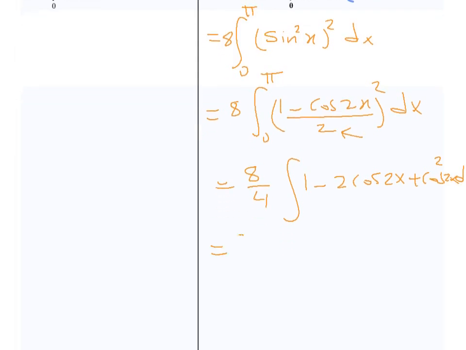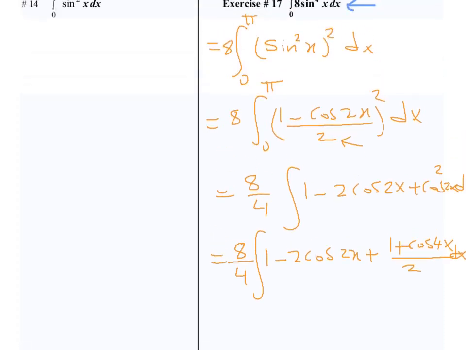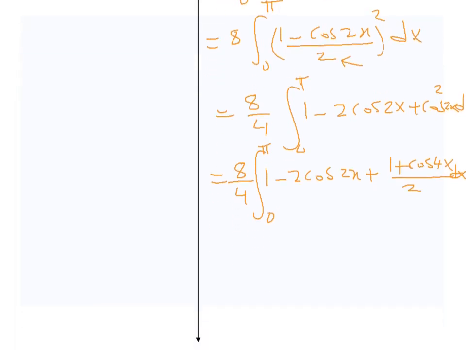So this is 8 divided by 4, integration of 1 minus 2 cosine 2x. Again, you have to change cosine square into 1 plus cosine 4x using the same identity, but instead of 2x you have to double the angle. This will be divided by 2, from 0 to pi. So this will become 8 divided by 4, and this is minus 2 cosine 2x.